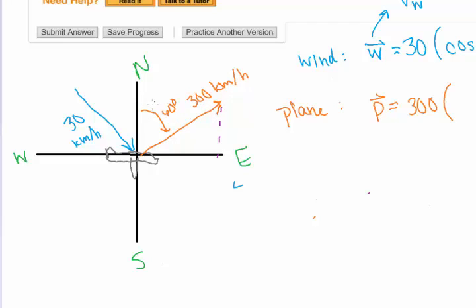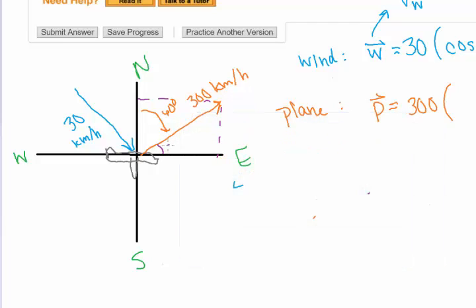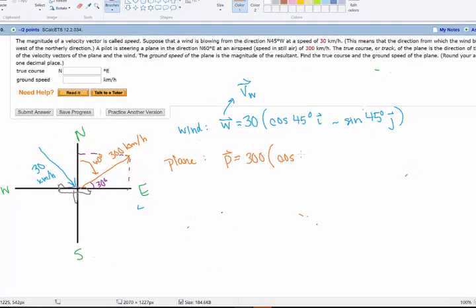You could also draw a triangle right here, but then the horizontal component is opposite the 60-degree angle. So it's either going to be sine of 60, i, or cosine of 30, j. I'll just think of using the x-axis and think of this angle as being 30 degrees. So it would be cosine of 30, i, and that's positive because it's going to the right, and the vertical component is positive as well as pointing up. So plus sine of 30 degrees, j.